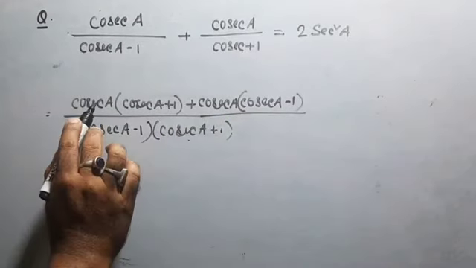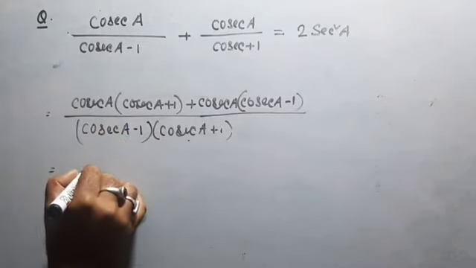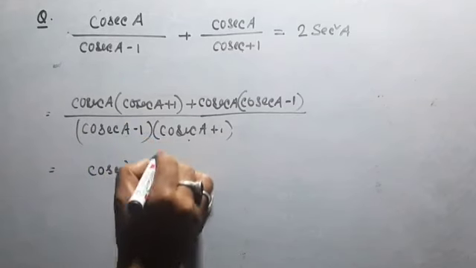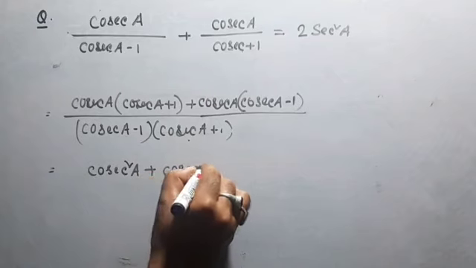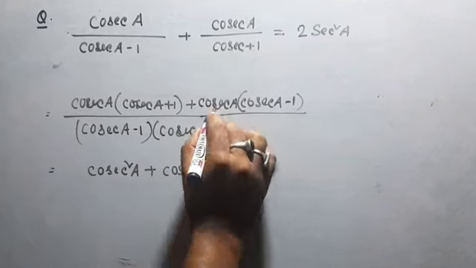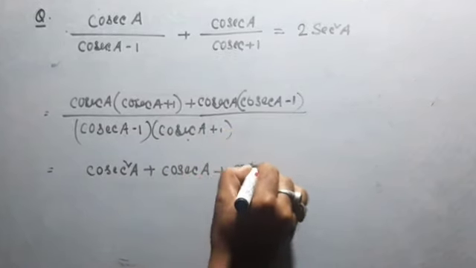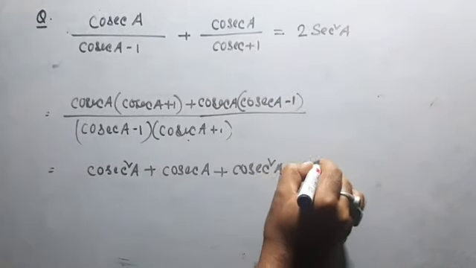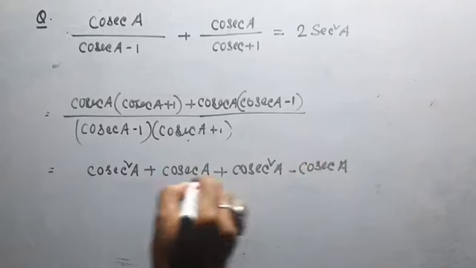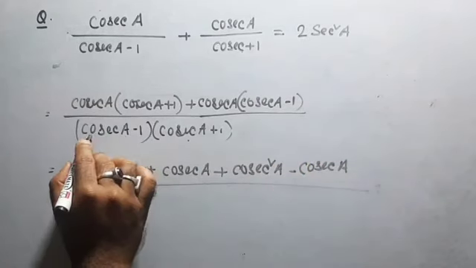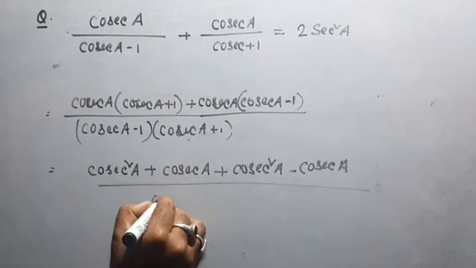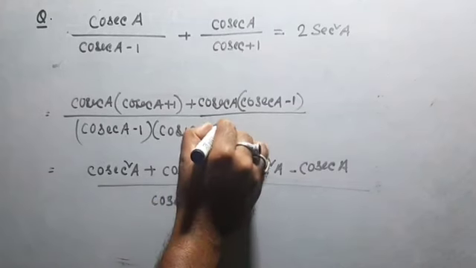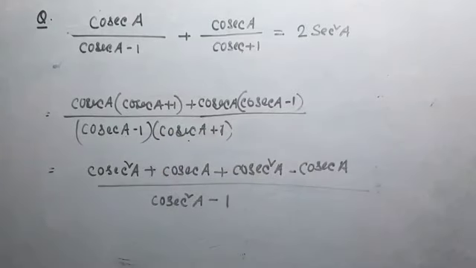Okay, so this is your cosec square a, cosec into 1 cosec a, here cosec into cosec, cosec square a, cosec a into minus 1 minus cosec a, by, this is a minus b, a plus b, so you write cosec square a and 1 square, that is 1.